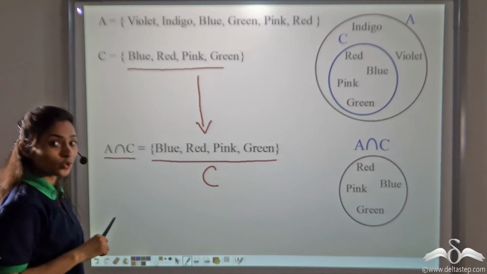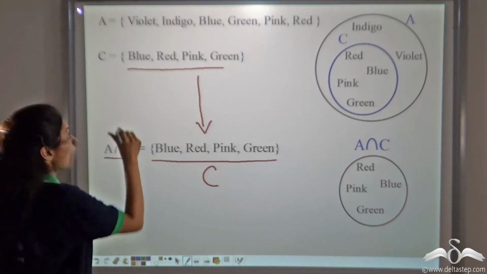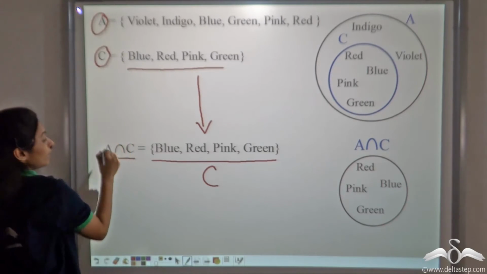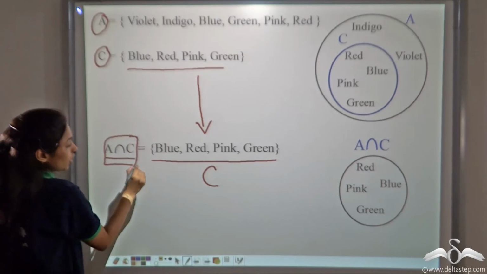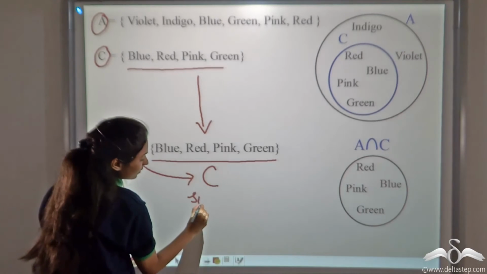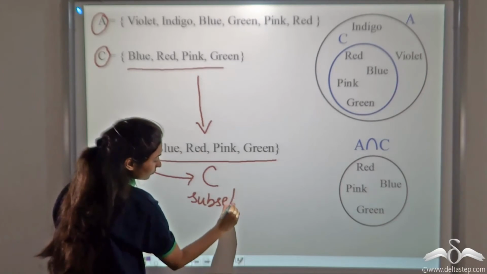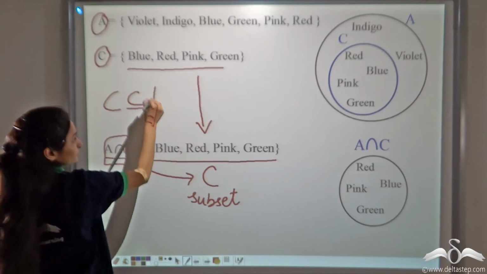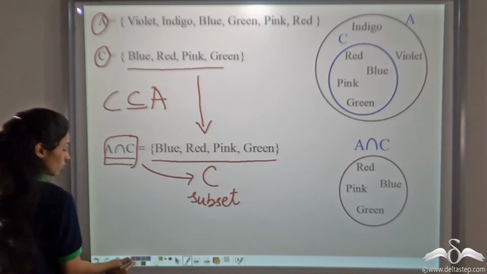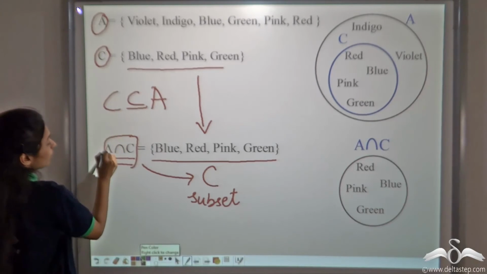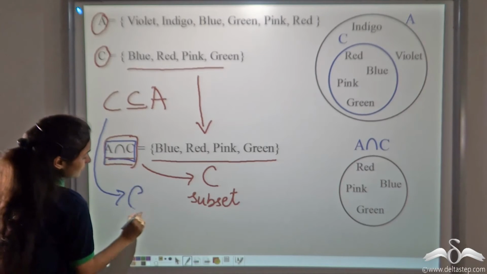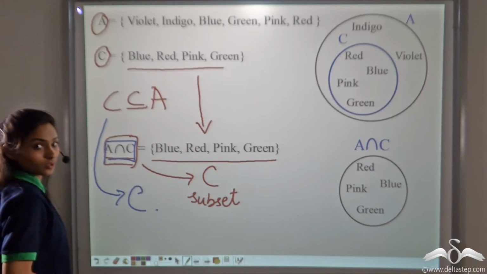So what can we conclude from this? Whenever there is a subset and a main set, then their intersection will give us the subset. So here C is the subset of A. So that is why when we took out A intersection C, it gave us the subset C.